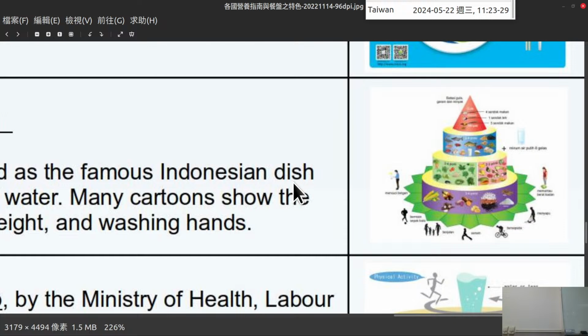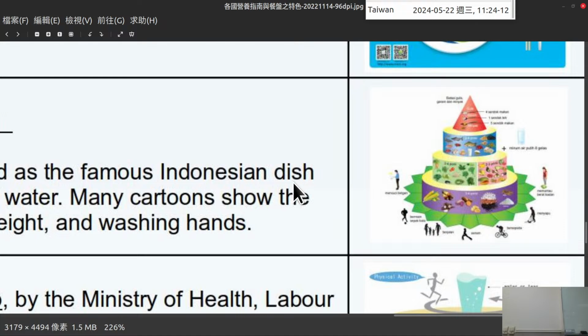Okay. Actually, my friend told me that it's a very rich or very luxurious dish in Indonesia, like this. And the Indonesian government modified it based on the shape and modified the top: the grains, the meat and fishes, vegetables, fruit, and some healthy foods like this, and exercise and body weight, checking the body weight every day.